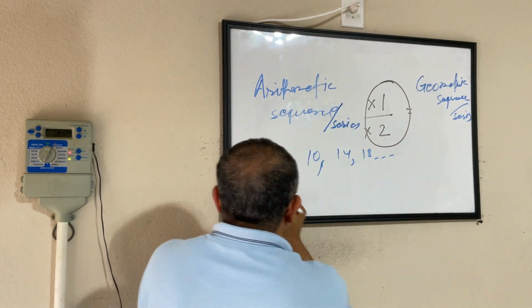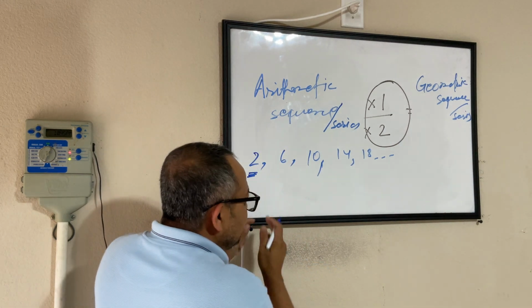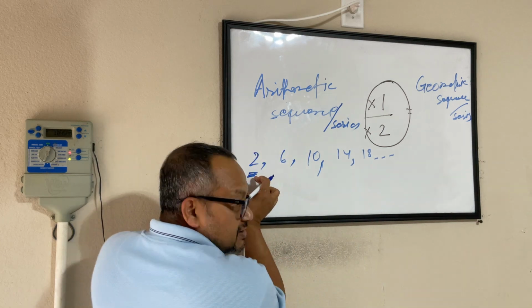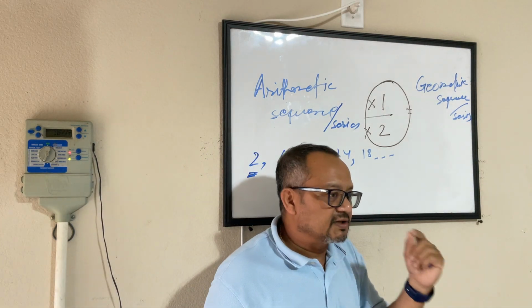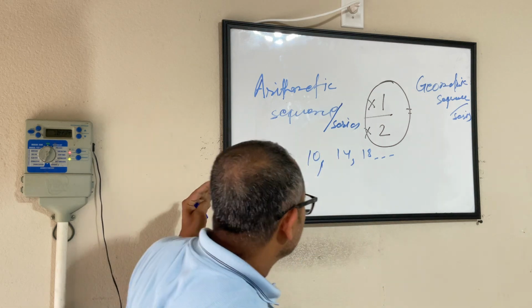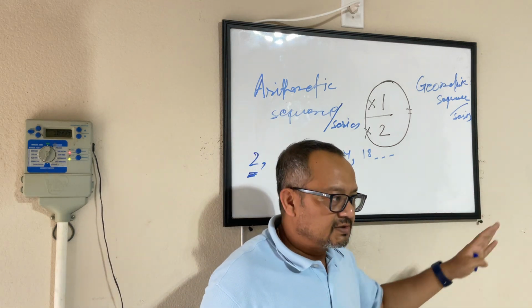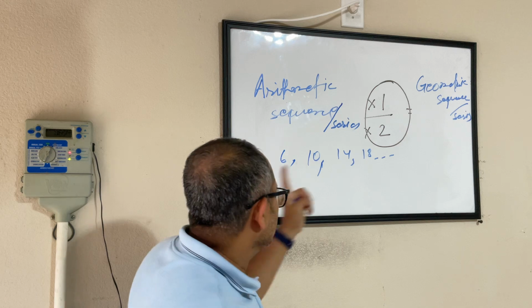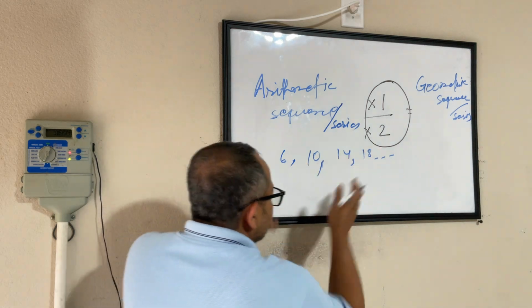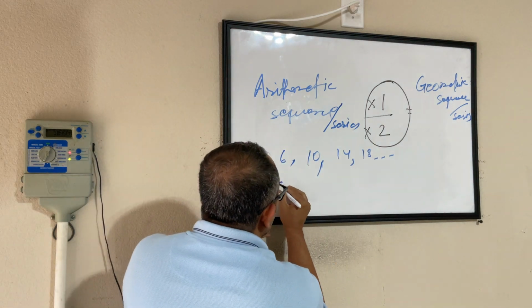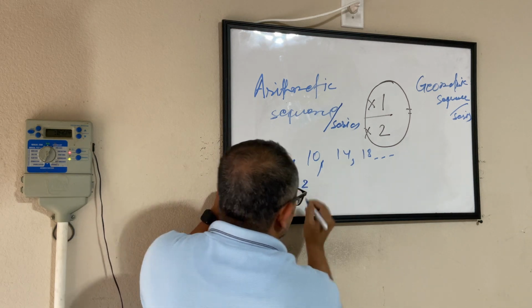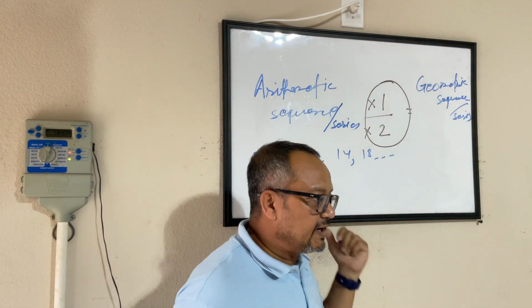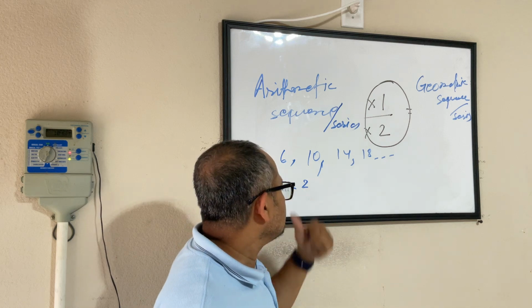And in any sequence, the first term, the first element of that sequence, is very important, because that plays a very important role in deciding the fate of the arithmetic sequence. So here the sequence starts from 2; this is called the first term. Here A, which denotes the first term, is 2.